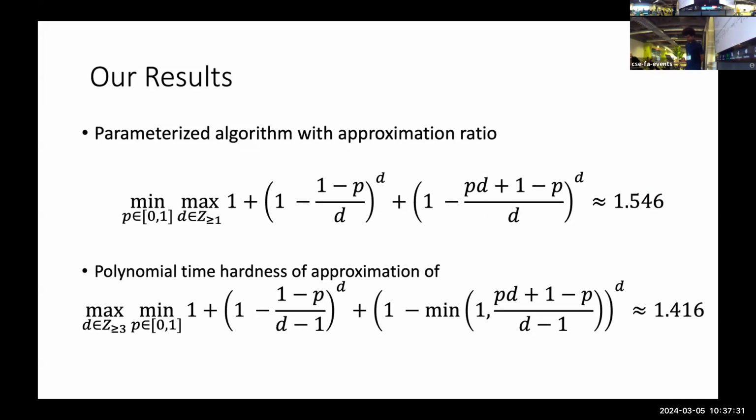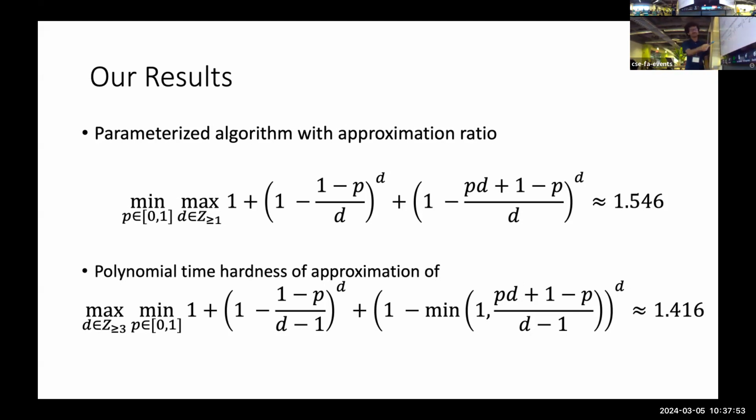But okay, why did I put these expressions here? One thing you notice is that these expressions almost look the same with the min and max switched. So this is min over some probability p and max over some integer d of this expression, and this is almost the same thing with max and min. There's some difference in the sense that you see a d here and a d minus 1 here.